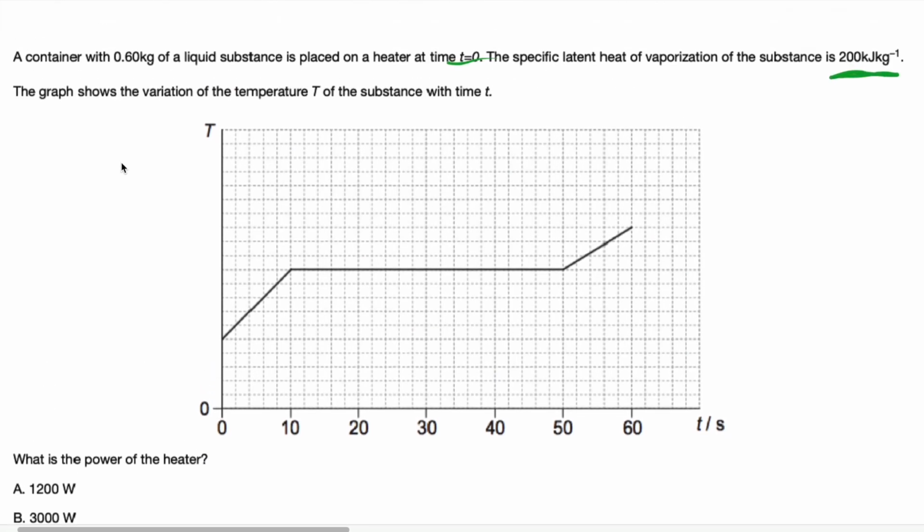So we know to calculate heat from specific latent heat, Q is equal to mass multiplied by the specific latent heat, which is equal to 20 kilojoule per kilogram. And since here it is kilojoule, we need to convert the unit to joule, right?